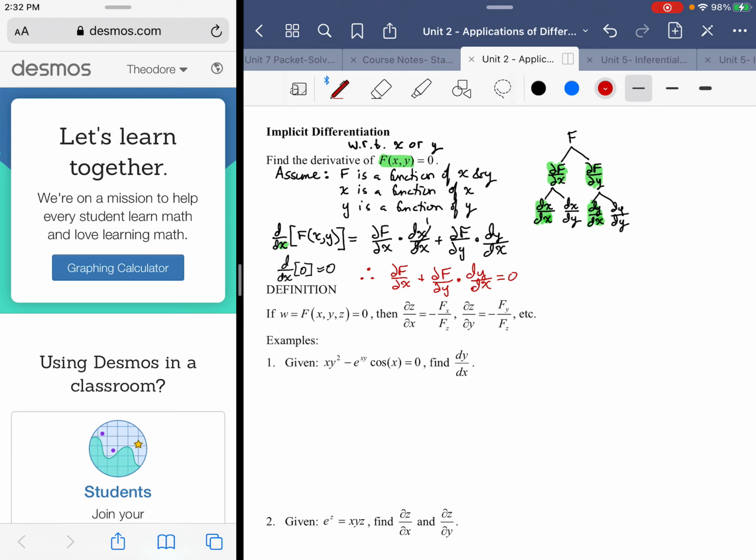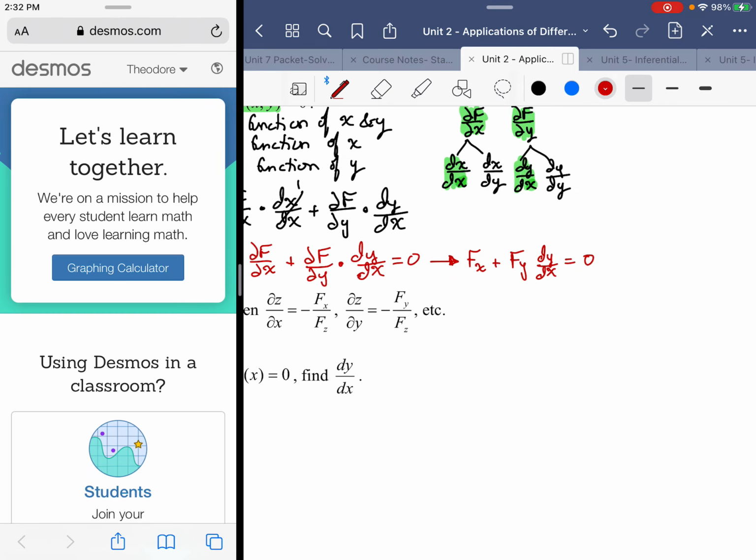Now, for the sake of not losing my mind with the notation here, I'm going to rewrite this as capital F sub x plus capital F sub y dy dx is equal to 0. And then when we solve for dy dx, it would be equal to negative the partial derivative with respect to x over the partial derivative with respect to y.